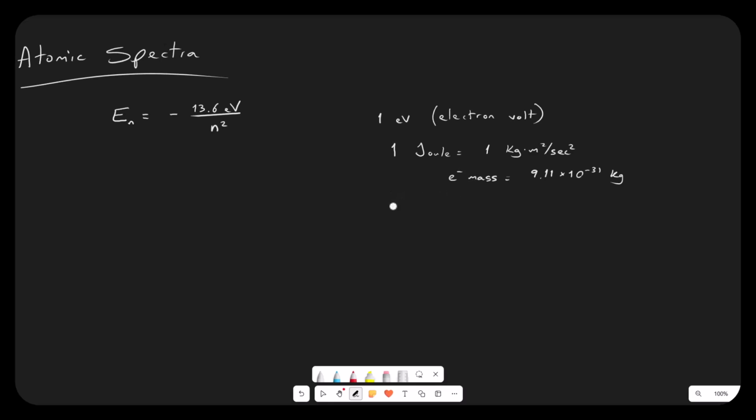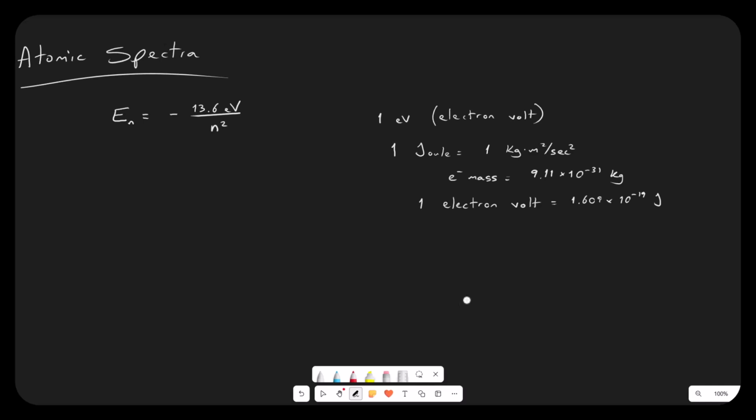It's nice to be able to do energy problems without carrying around all these exponents. So we come up with this unit of the electron volt, and it's just a smaller unit of energy. 1 electron volt is 1.609 times 10 to the minus 19th joules.